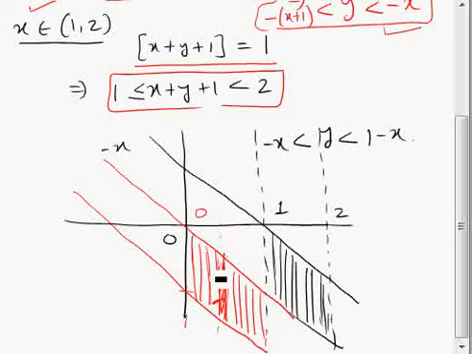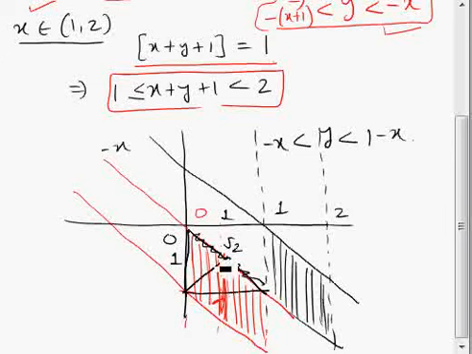Now we'll calculate this area. To calculate this area, this is a parallelogram, so we can calculate the area of this triangle and double that area. This is length 1, right? And you can see this is 1, this is 1, so this length is root 2. From this right angle triangle, this length is root 2. This is 1.